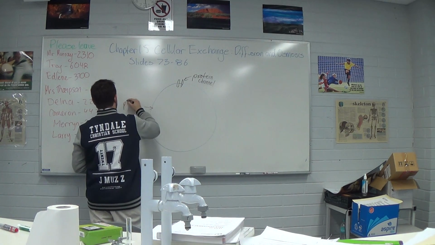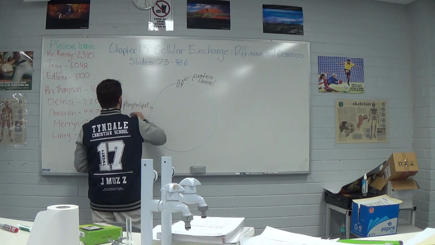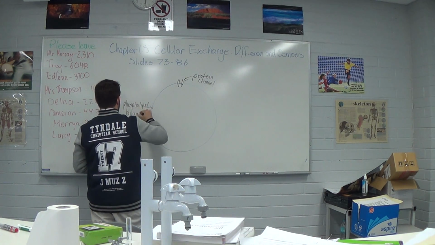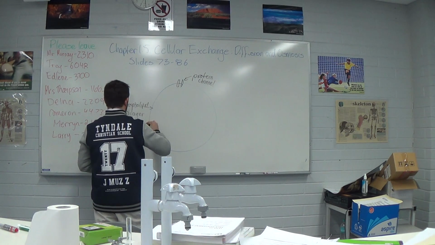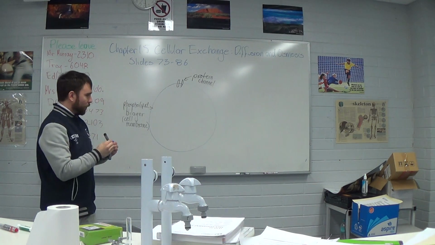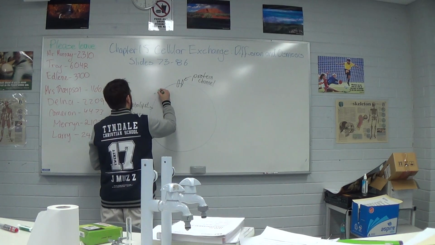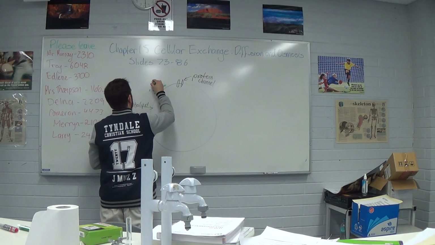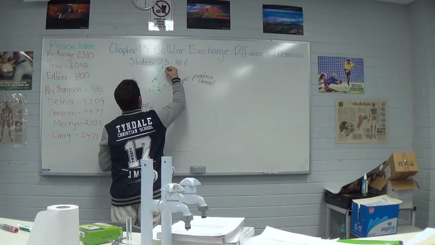Bit in blue is our phospholipid bilayer. So this is our cell membrane. And in green we have some solids. Let's say that these are sodium ions.